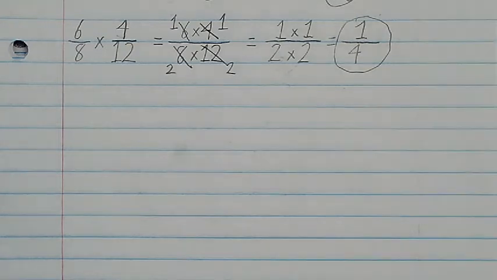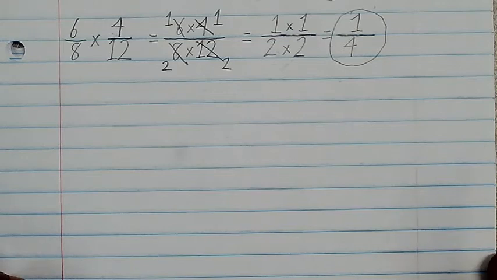Okay? All right, so now we're going to look at multiplying mixed numbers with a fraction. Okay? So let's say I have the following example. 2 3/5 times 4/10. All right, 2 3/5 times 4/10.